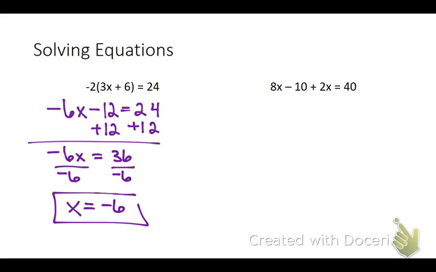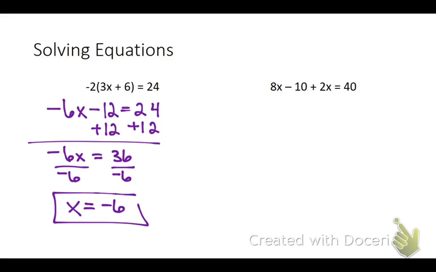All right, second problem. Okay, so I try to strategically choose questions where sometimes we see different types of errors. So let's see who can simplify this equation correctly and just solve for x.